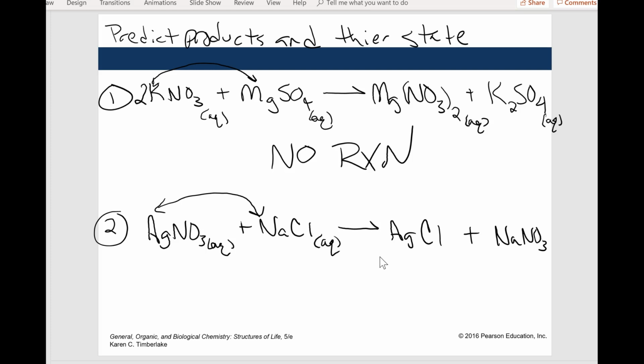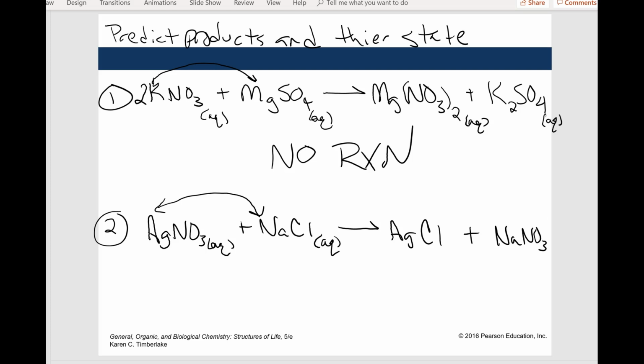Charge on silver is +1. It's always +1. It's one of the only transition metals that has a set charge. Charge on chlorine is -1. Yay, it's already charge neutral. Look at that. Sodium charge is +1, nitrate's charge is -1, oh, already charge neutral. Look at that.